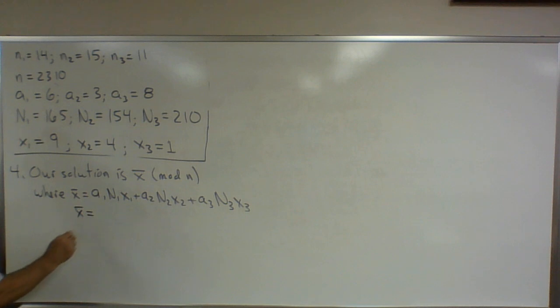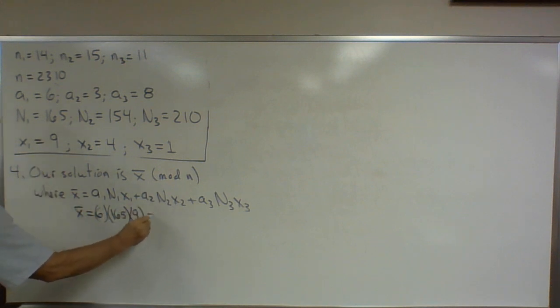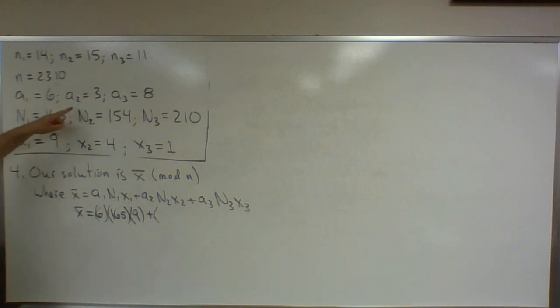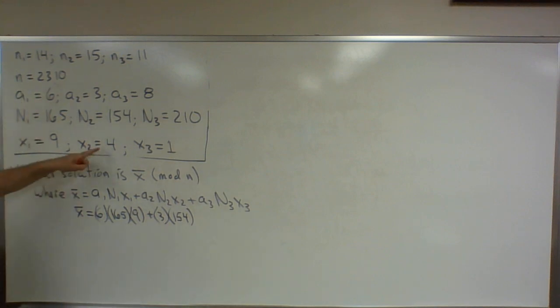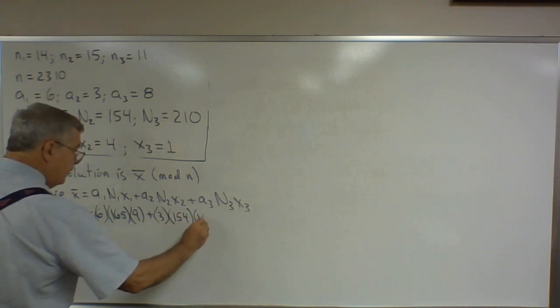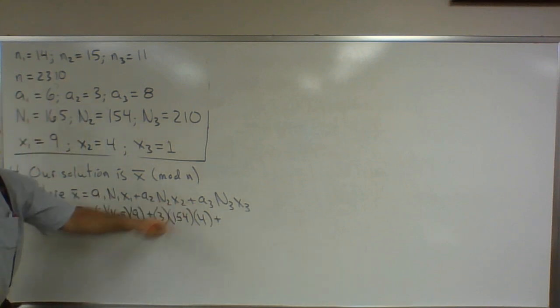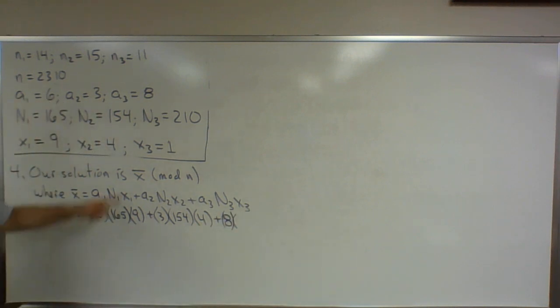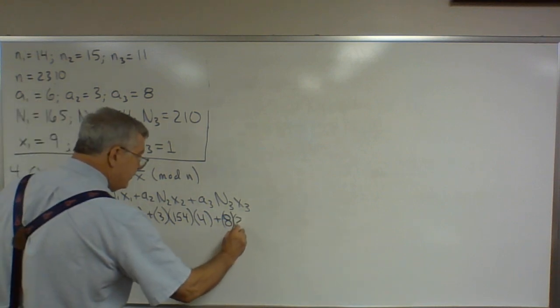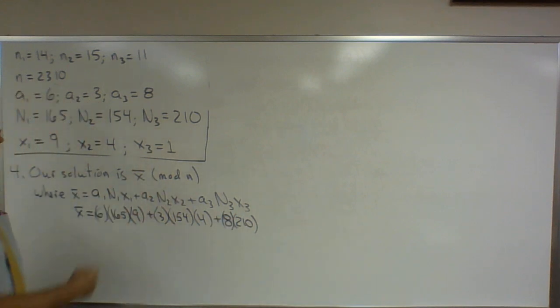X bar is equal to a sub 1 is 6, n sub 1, 165, x sub 1 is 9, plus a2 is 3, n sub 2, 154, x sub 2 is 4, plus a sub 3 is 8, n sub 3 is 210, and x sub 3 is 1.